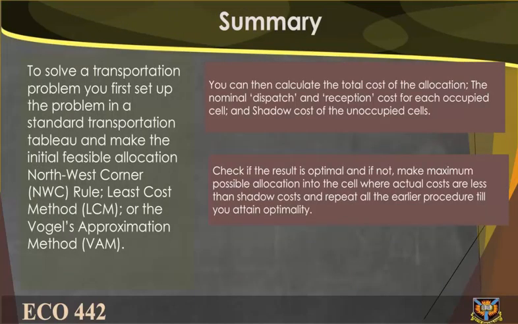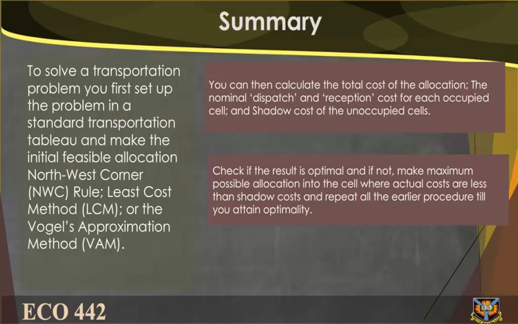Summary. To solve a transportation problem, you first set up the problem in a standard transportation table and make the initial feasible allocation, using the northwest corner NWC rule, least cost method LCM, or the Vogel's approximation method VAM.